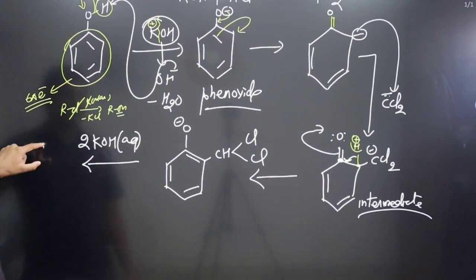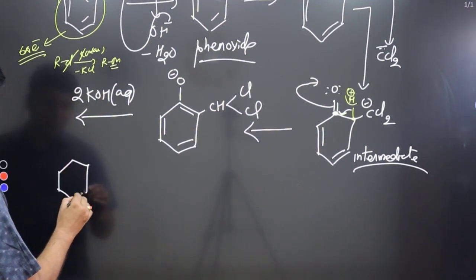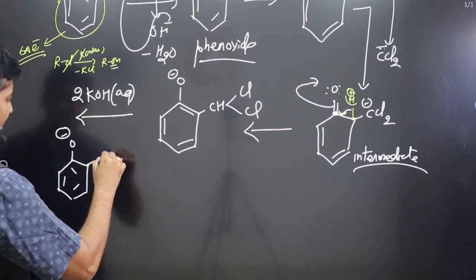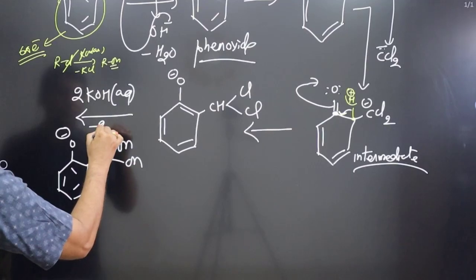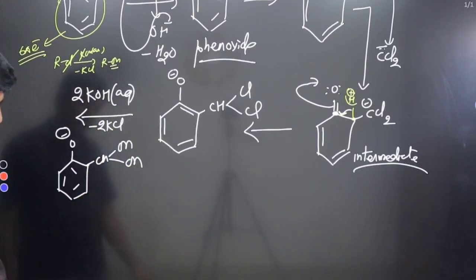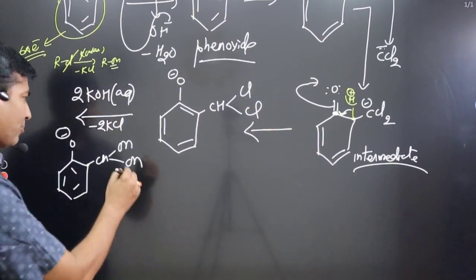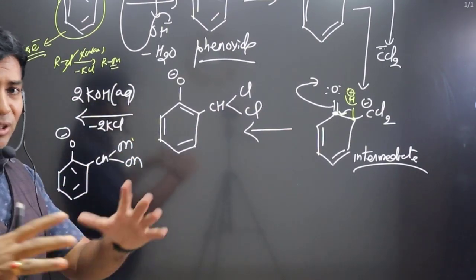So now you can see the nucleophilic substitution reaction taking place. Here we have the benzene ring, we have O-, we have CH, and OH is there. From here 2 moles of KCl are eliminated. Now again you can see this is in an unstable state, because these are bulky groups attached to the same carbon, so repulsion will be there.